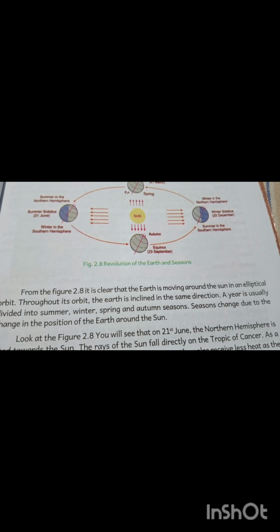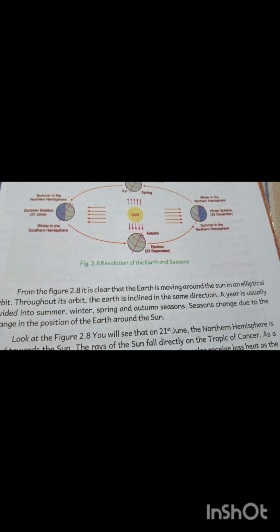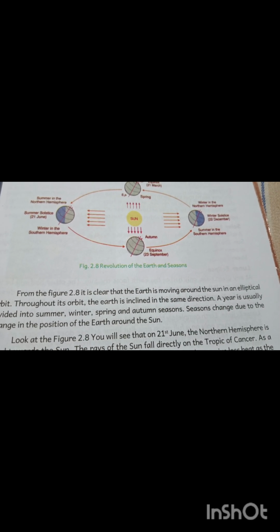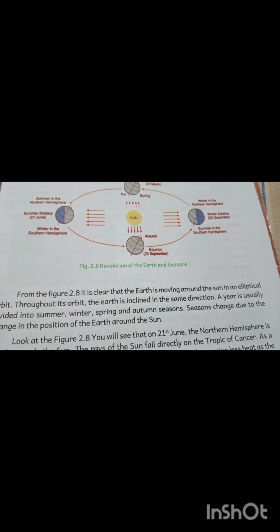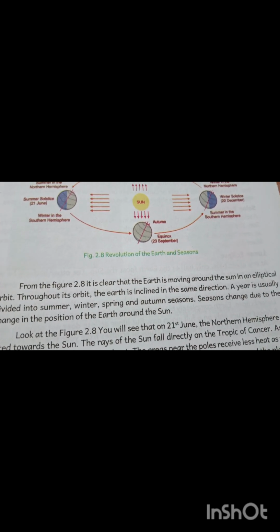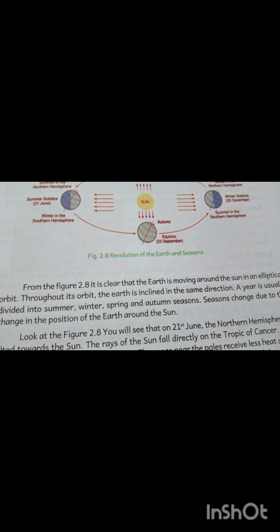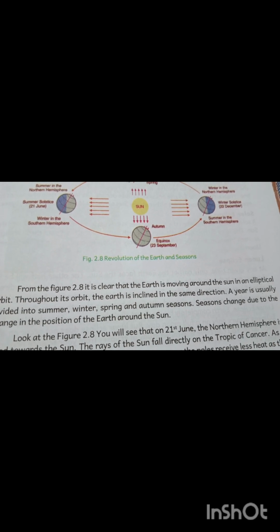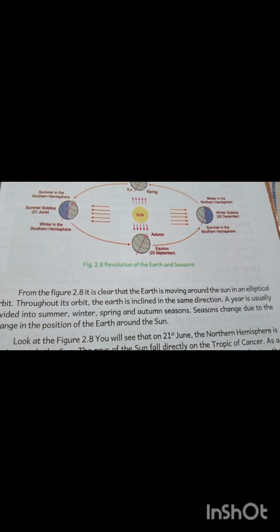From figure 2.8, it is clear that the earth is moving around the sun in an elliptical orbit. Throughout its orbit, the earth is inclined in the same direction.